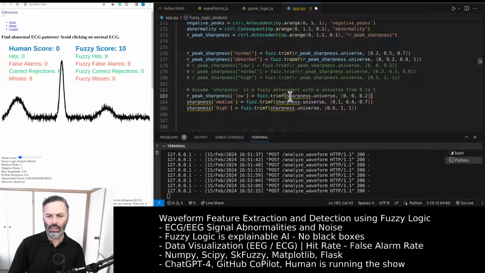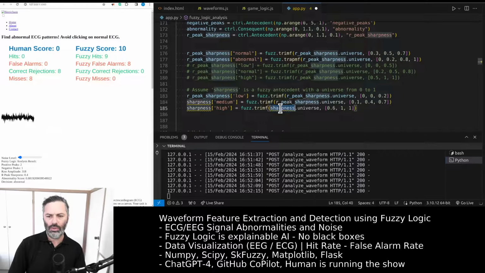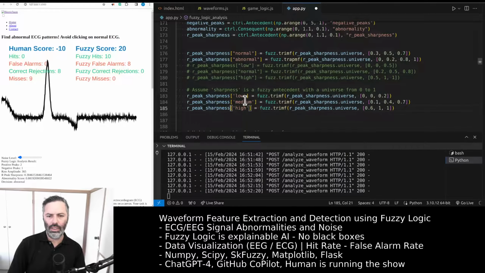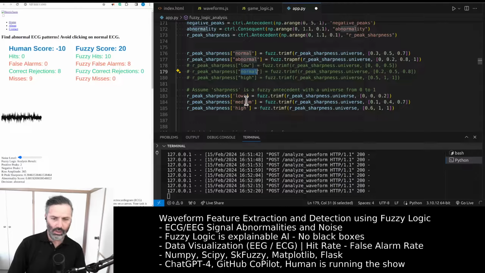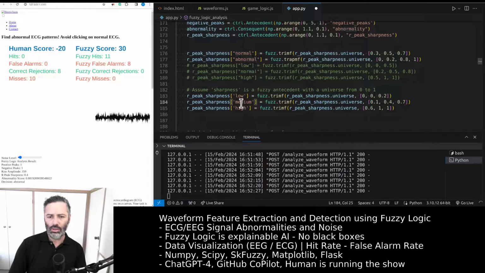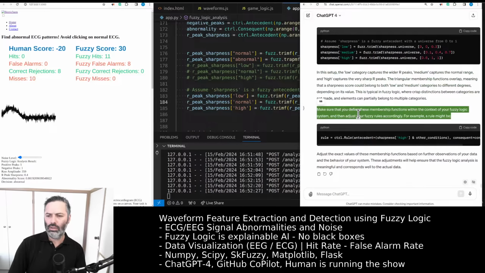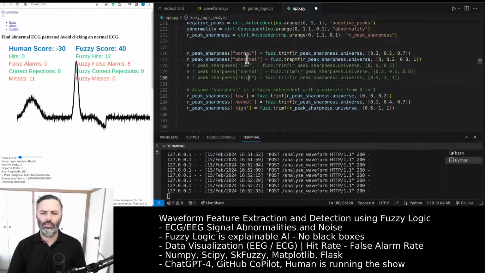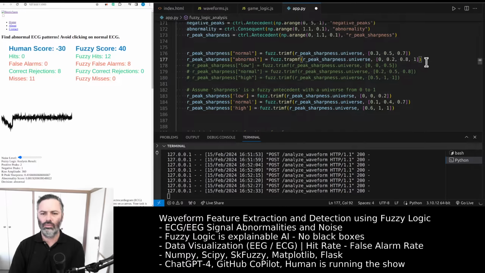Don't like that name. And we'd like this to be normal. Make sure that you define these membership functions within the context of your fuzzy logic system, and then adjust your fuzzy rules accordingly.